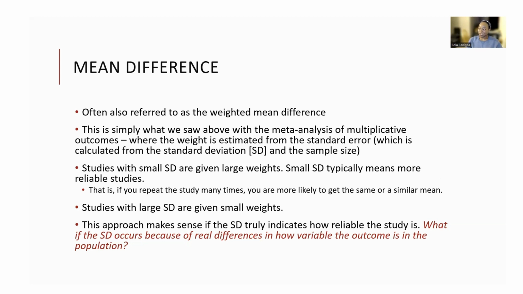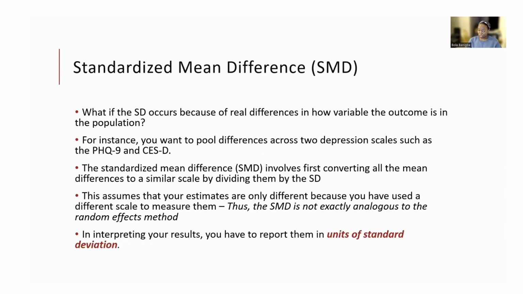When you have a situation where you're not sure if the standard deviation is a measure of reliability, another approach that you can use is the standardized mean difference. It really comes in handy when your standard deviation does not represent the reliability of the studies per se. Another reason that you want to use a standardized mean difference is when your outcomes are measured using different scales.